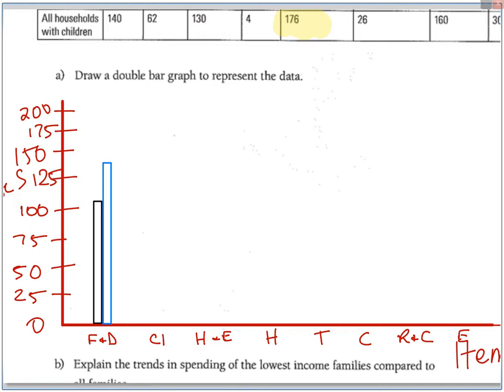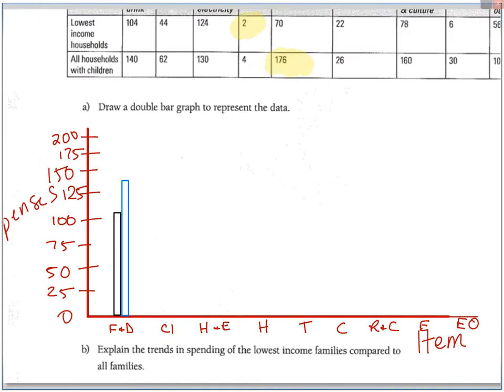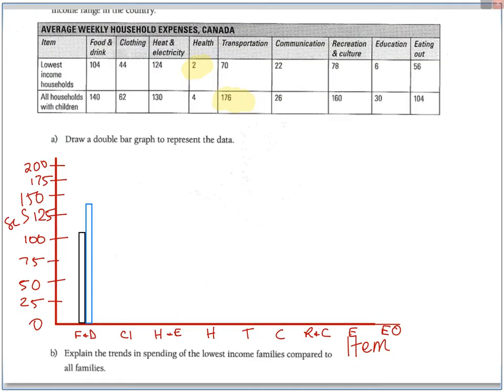If you don't have different colors, you could color one of them in and leave the other one blank, right? And you can continue on putting this data in. Then you'll have a nice representation of the data, and then you can explain the trends. This is an example of what will be on your written response in the test. It'll just be like, here's some data, make a double bar graph.